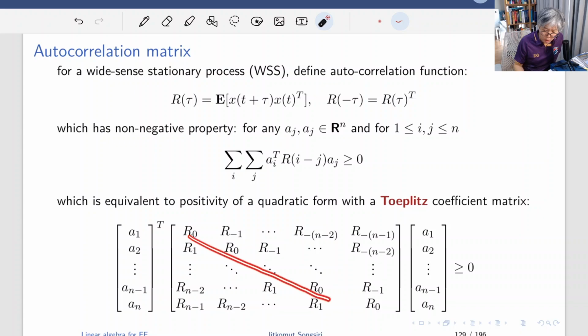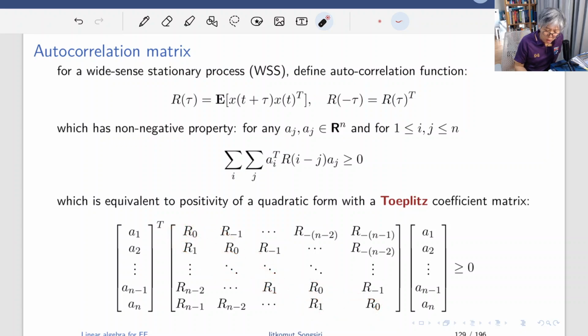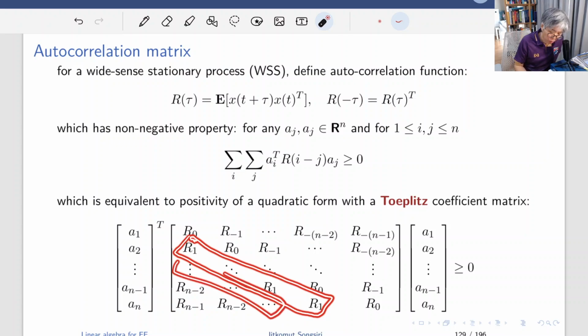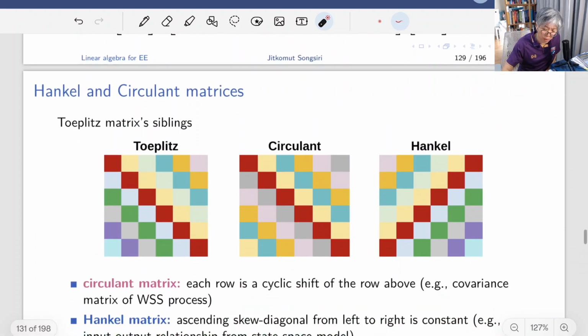On the lower diagonal, the one next to the diagonal, this is going to be the autocorrelation function at lag 1, lag 2, and so on. So if you work with a stationary process, you're going to see the Toeplitz structure in that application.